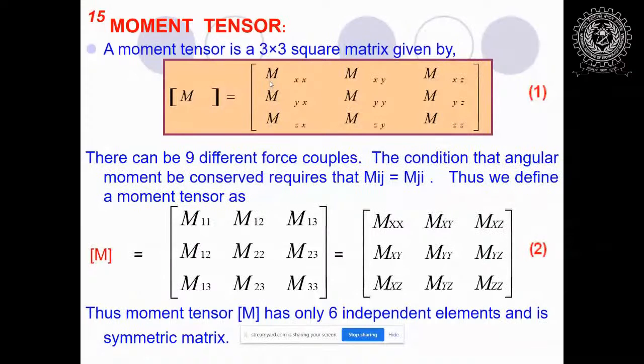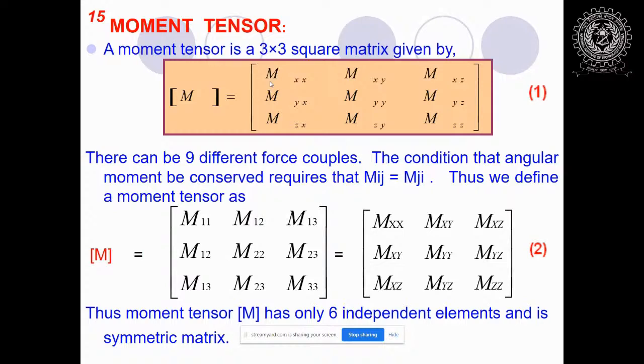As we have a three-coordinate system, the moment tensor consists of 9 different double couples corresponding to the x, y, z axes. The off-diagonal elements of the moment tensor are assigned to opposite forces that are offset in a direction normal to their orientation and thus apply a net torque. But due to the symmetry of the moment tensor, the angular momentum is conserved, and hence we should have Mxy equal to Myx.